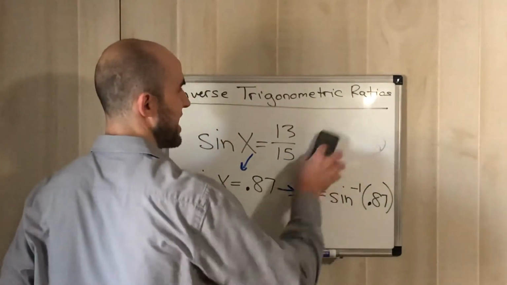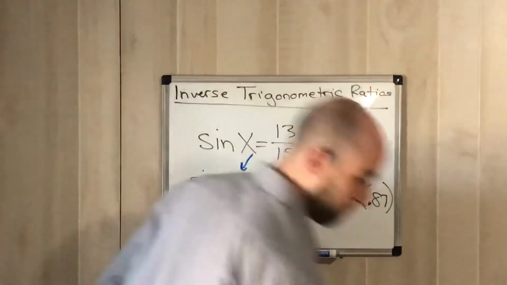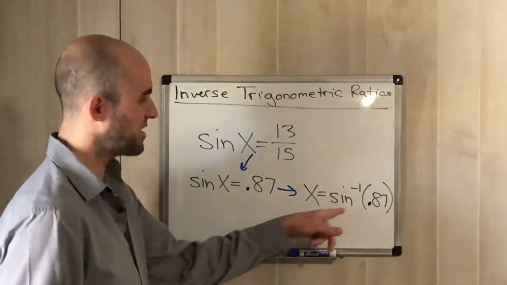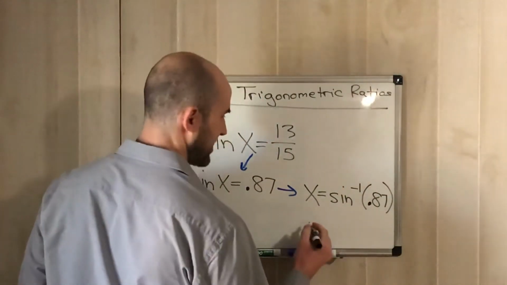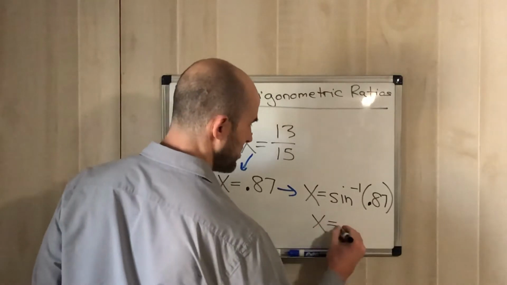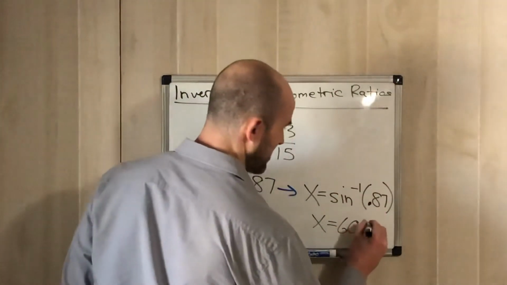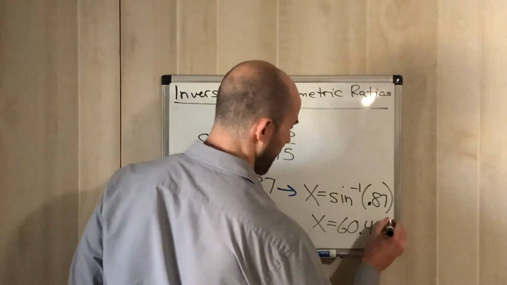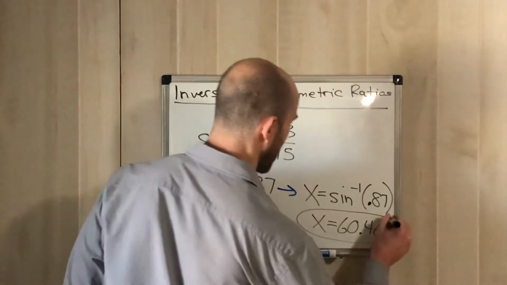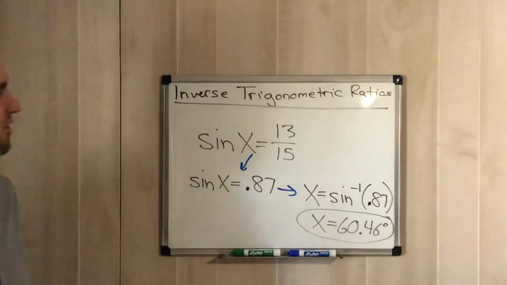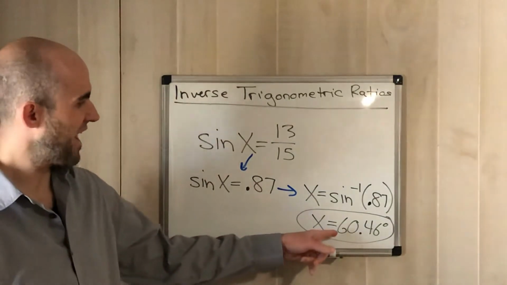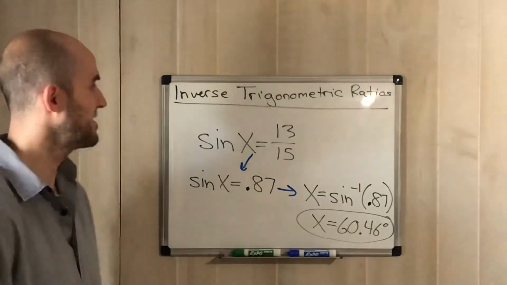In order to get the inverses, you have to press the second button, okay? And once we do sine inverse of 0.87, it's going to give us that x equals 60.46 degrees. 60.46 degrees. And that's our answer, guys. Literally, if we solve for x, it would give us an angle of about 60.46 degrees, right?